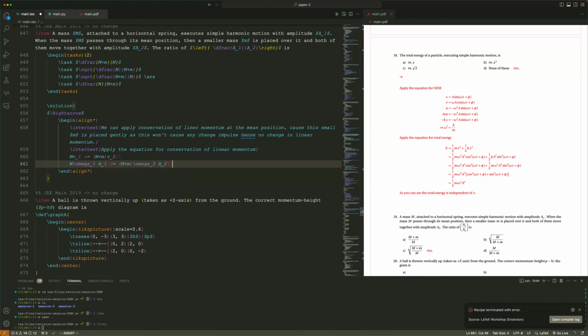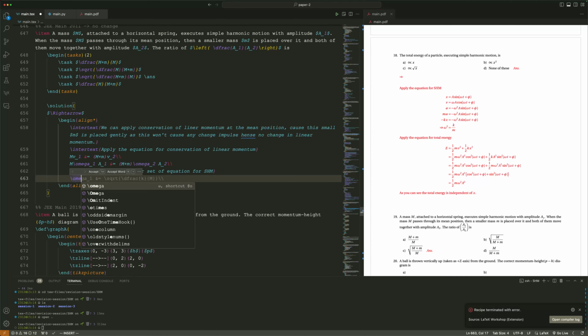We have another set of equations for SHM, which is omega1 square is equal to k by m, yes, m.